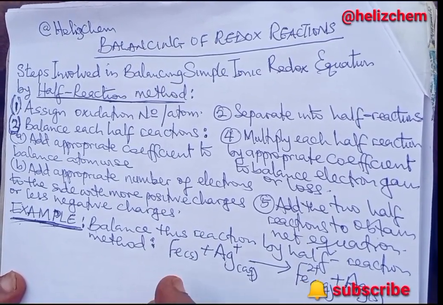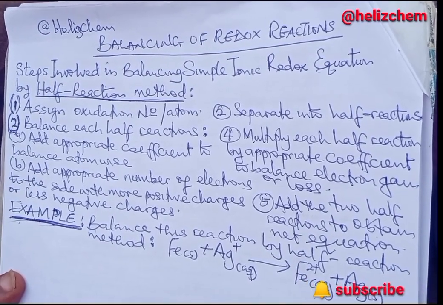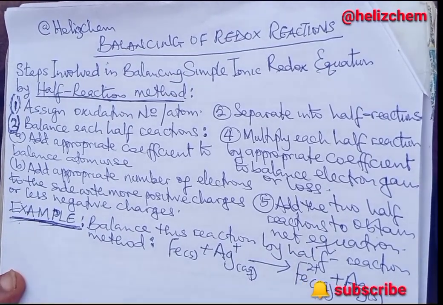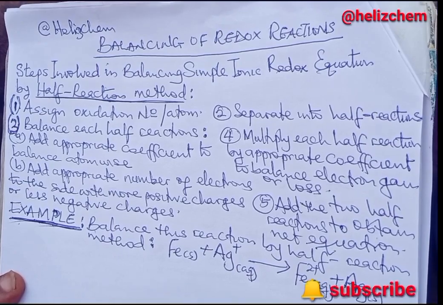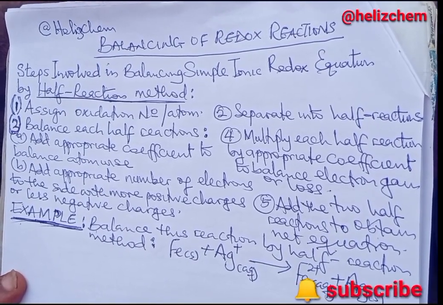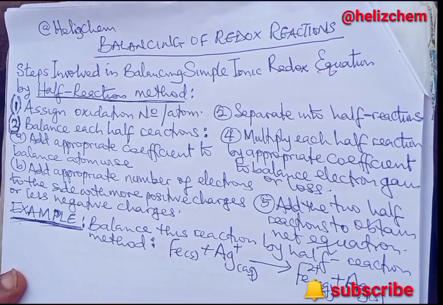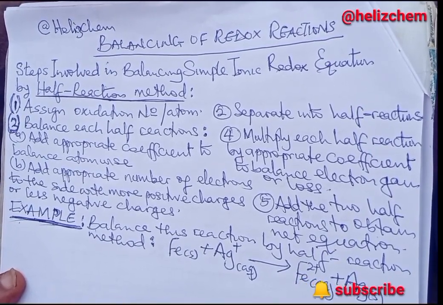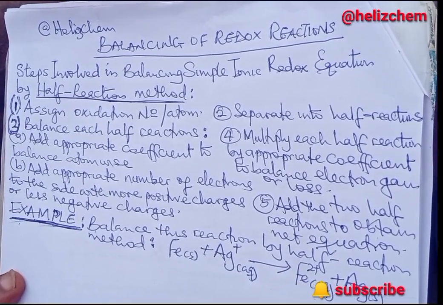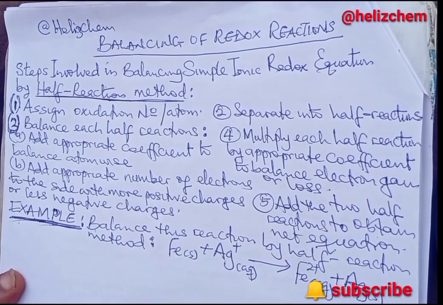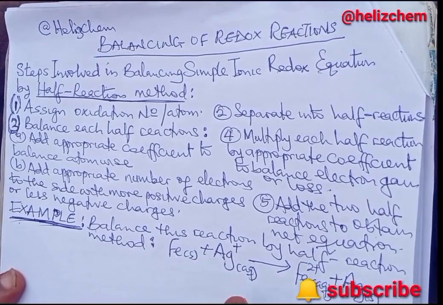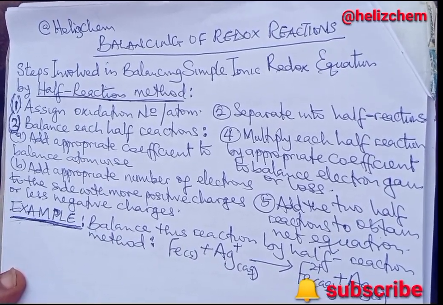Aside that, you must check if the reaction is taking place in acidic, basic, or neutral medium. So all these things are very essential if you want to balance redox reactions.